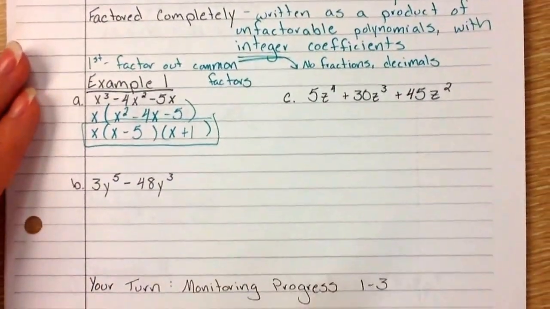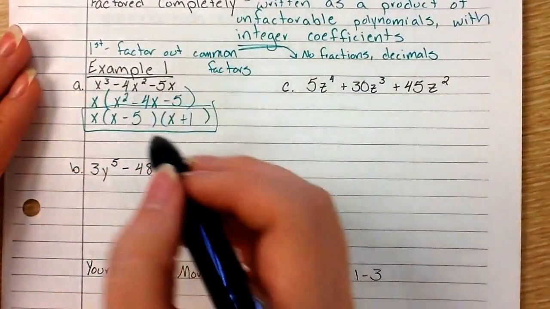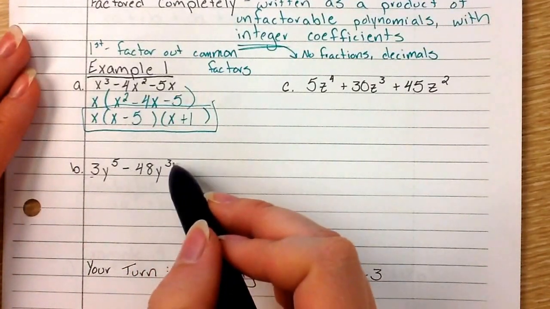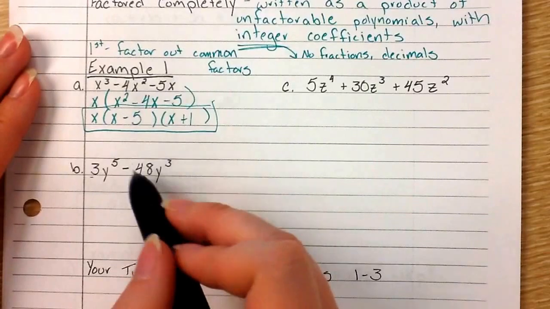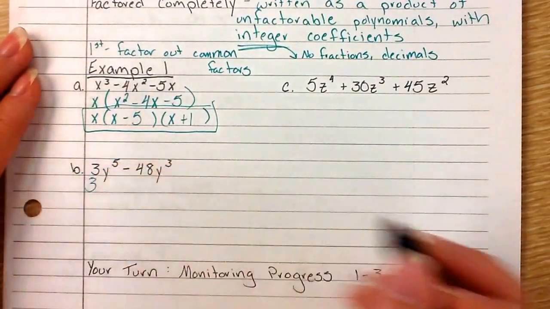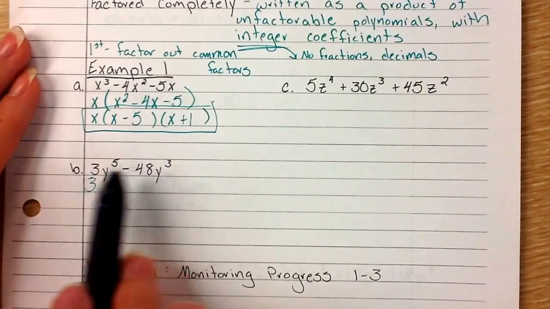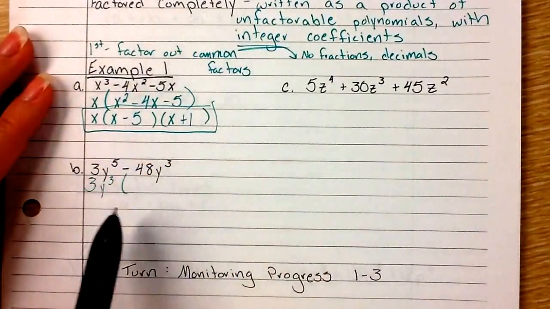Okay, for example 1, part B. Again, first and foremost, factor out the common factors. So let's see, I've got 3y to the 5th minus 48y to the 3rd. I'm pretty sure 3 is a factor of 48, so I can factor out the 3. And then how many y's can I take out total? I think I can take out 3 of them, because that's the most they both have in common, so I can take out a 3y to the 3rd.